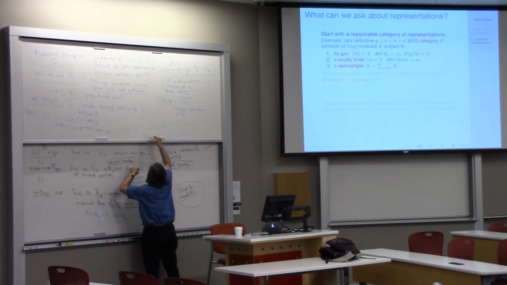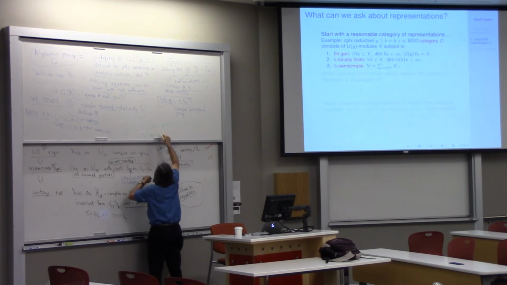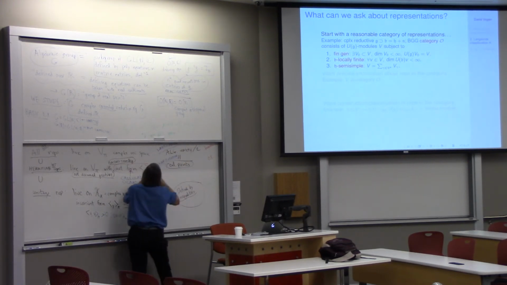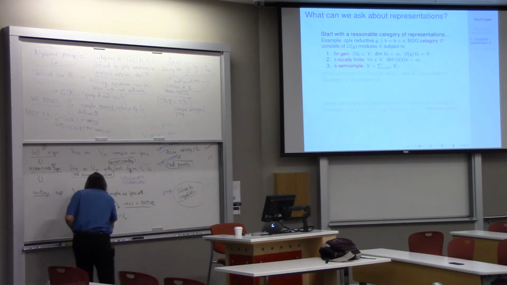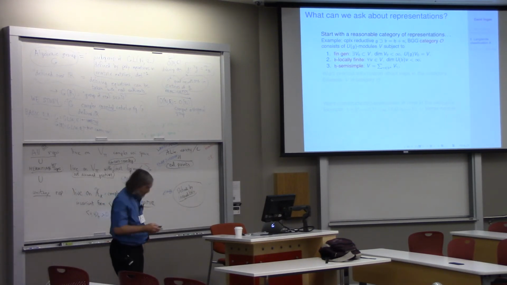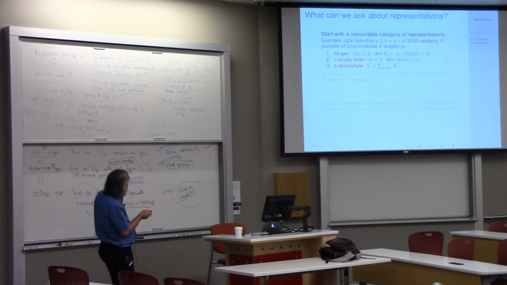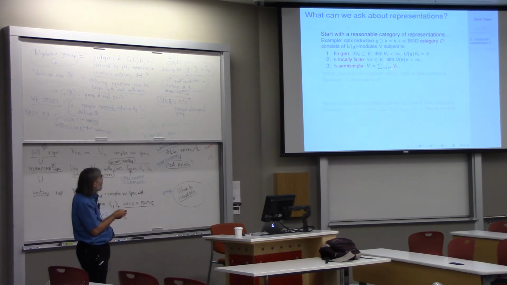Call this the gamma weight space. The assumption is that V should be the direct sum of all these weight spaces.